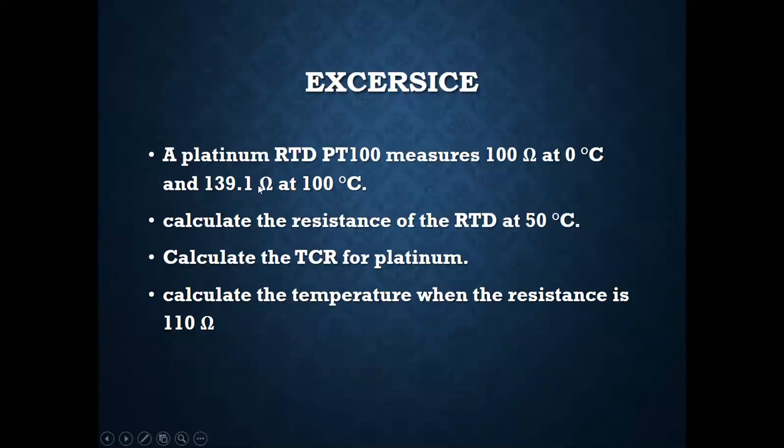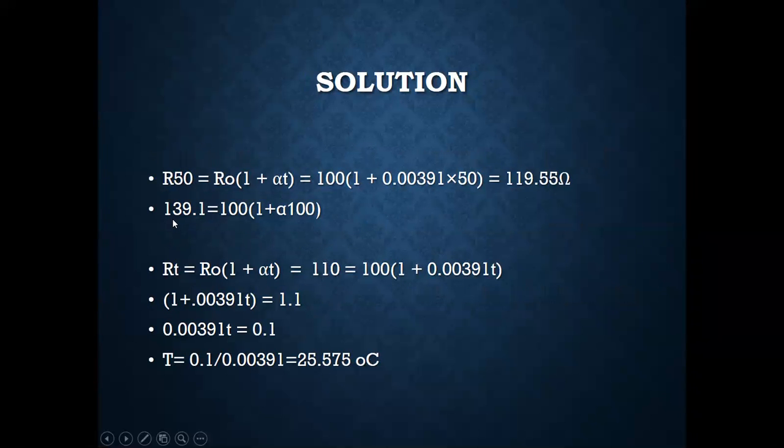Resistance is 139.1 at 100 degrees and at 0 degree centigrade resistance is 100 ohm. Based on that, this is the equation. At 100 degree centigrade, R100 is equal to R0 into 1 plus alpha T, where T is the rise in temperature, 100. So what will be the alpha? From this we can see that this 100 can be taken to the left side. Here it is multiplying. So if this 100 goes to the left side, LHS becomes 1.391.